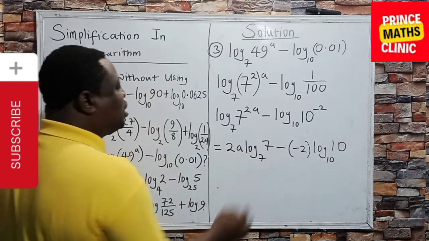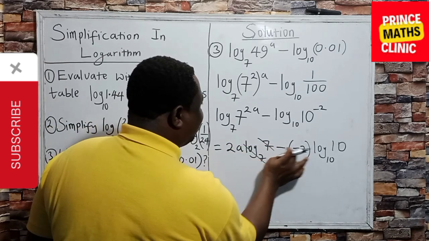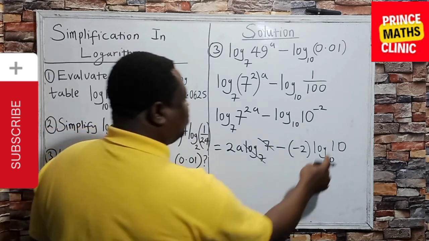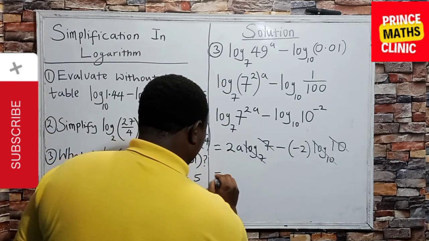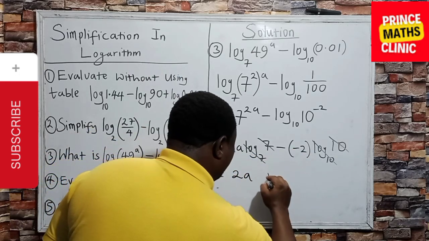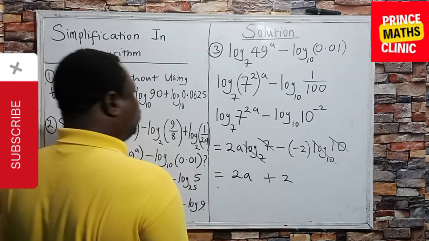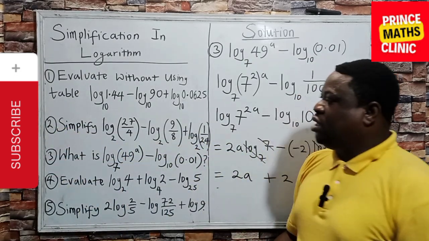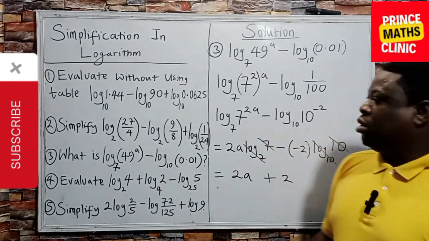Here the log and the base are the same, so they will cancel out to give us 1. Then here minus and minus will turn to plus. Then the log and the base are the same, cancels to give us 1. So what do we have here? 2a, minus and minus turns to plus, then 2 times 1 is 2. So we have successfully solved this question.